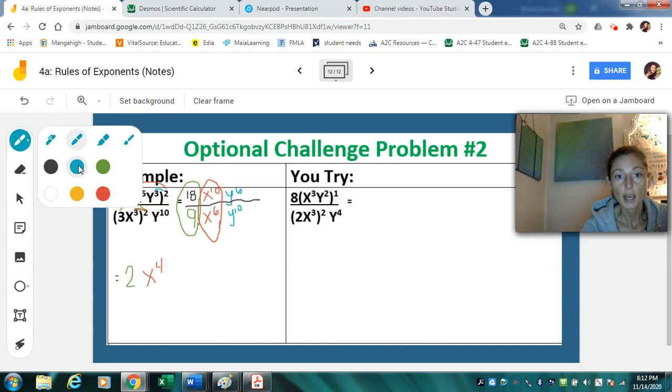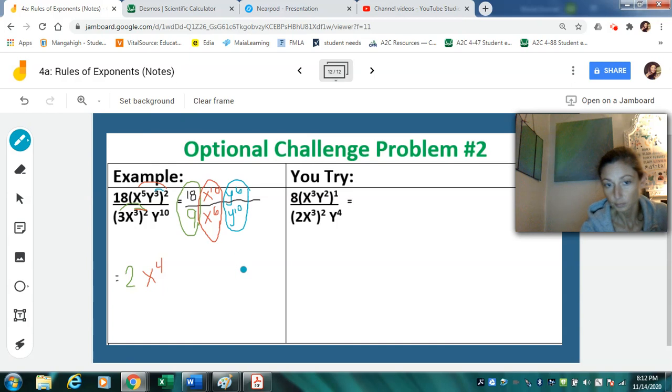And then lastly, I have y to the 6th over y to the 10th. Now, 6 minus 10, because again, we're doing the quotient rule, 6 minus 10, that gives us negative 4. And so you can write that with the negative exponent.